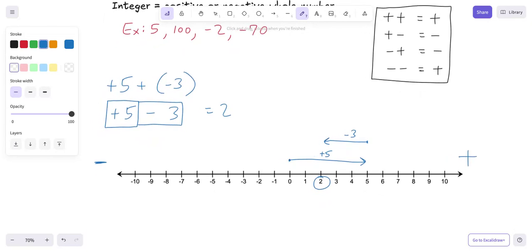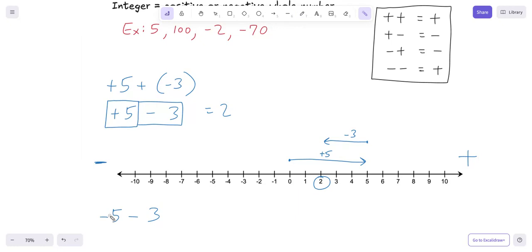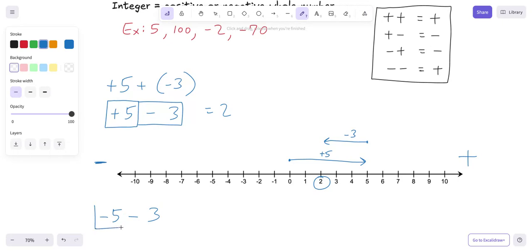So let's do another one. -5 minus 3. Here there are no double signs. I have a -5 minus 3. So again, my 5 is negative or minus, and my 3 is also negative or minus.